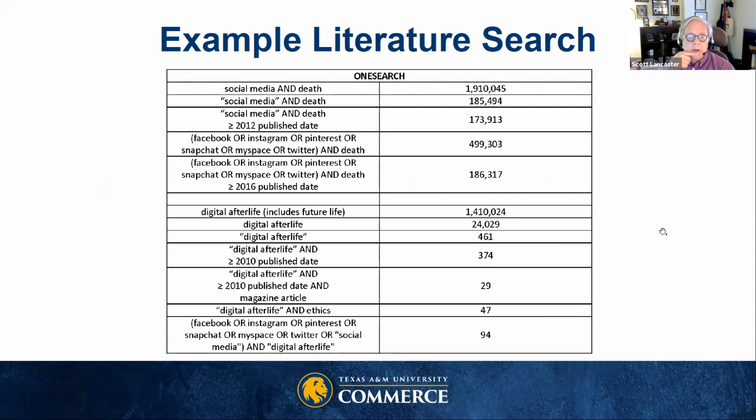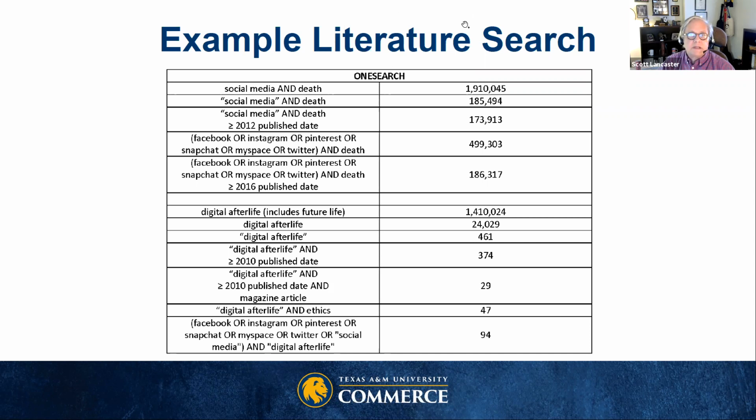This is an example. This is about as much as I want to get into the actual searching, but just to show you how you can narrow down results. And this is looking at the idea of what happens to your social media things after somebody passes away. That's what this person's research interest was.